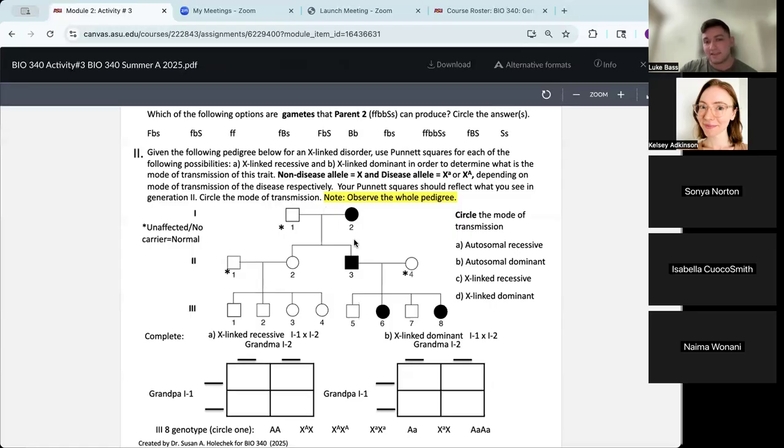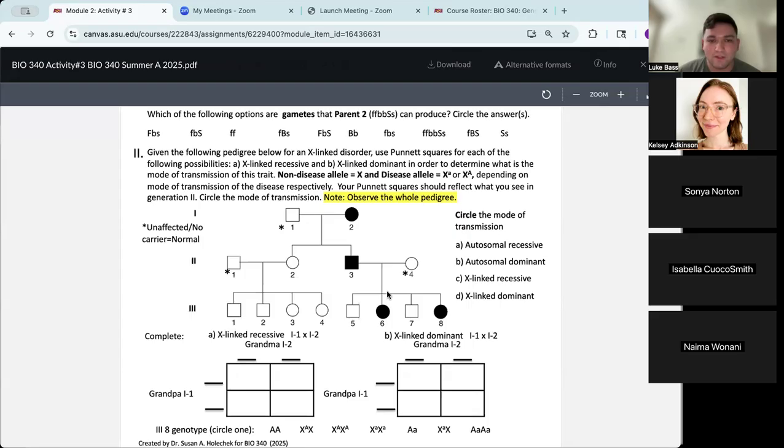But since it's a son that's affected, and we know that sons are more likely to be affected by X-linked diseases because they only receive one copy of the X chromosome, we see that the son is affected, but going down here, you see that that branch of the tree is the only one affected. So you can assume that it is going to be an X-linked disease.